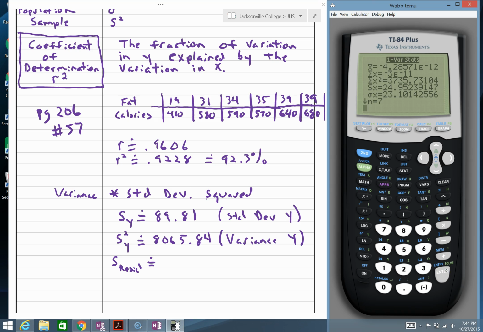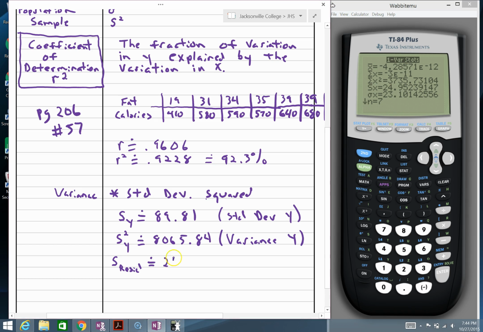All right. Again, here you can see this average and the sum, they're both 0. This is the calculator trying its best to get to be 0. But here's what I want to key on. The standard deviation is 24.95. This is my standard deviation of my residual.